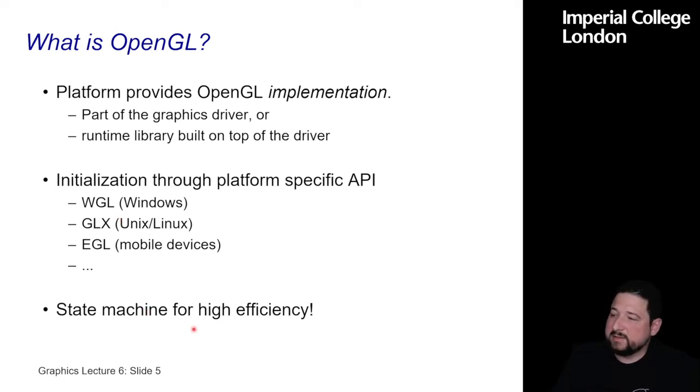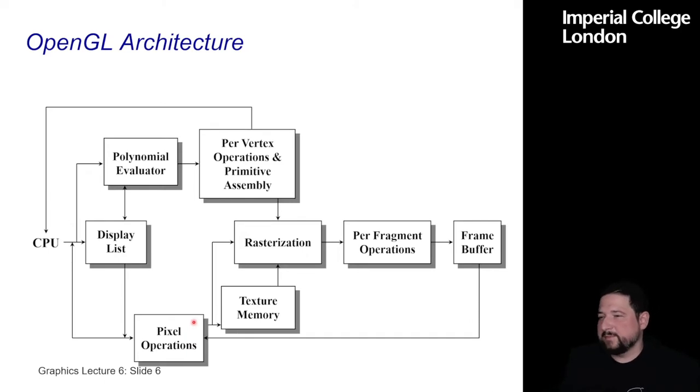And as I said already, it's a state machine for high efficiency. Now this is probably the most important diagram you'll see on these slides today, representing the flow of graphical information as it is processed from the CPU to the frame buffer, so going from here to here. And there are two pipelines of data flow really. The upper pipeline here is for geometric vertex-based primitives, and the lower part here is for pixel-based image primitives.